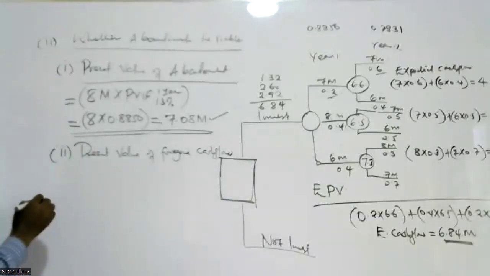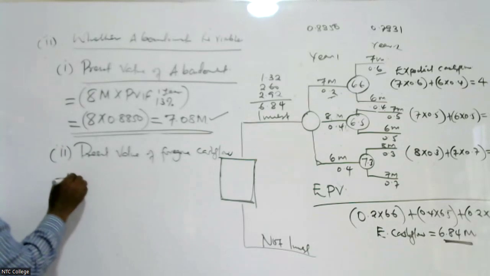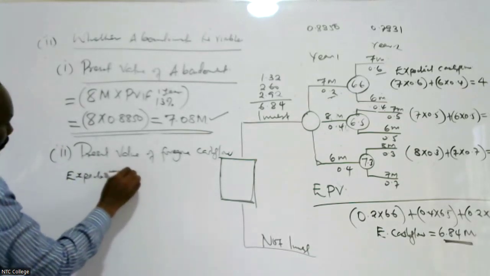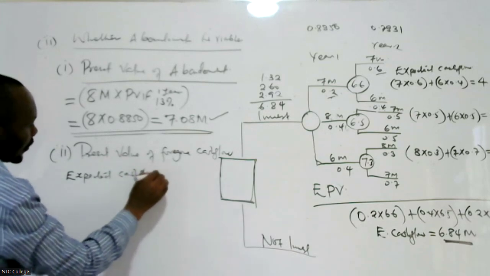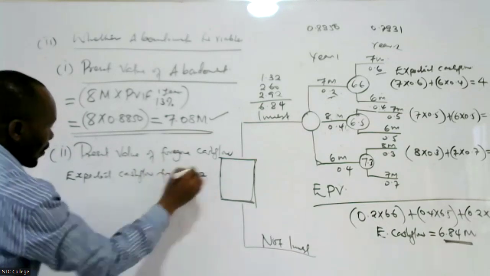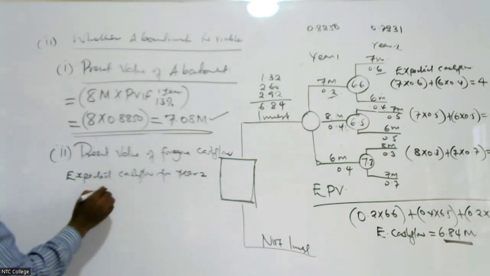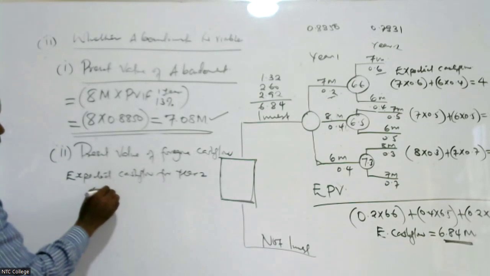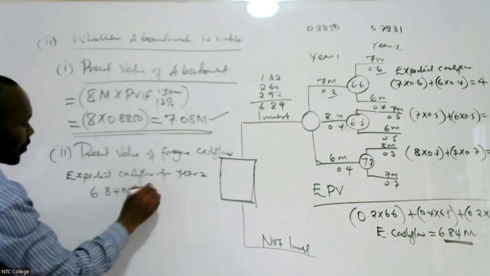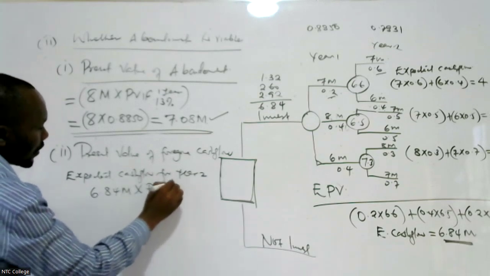It is now the expected cash flow for year 2, which is 68.4 million times now the discounting factor, which is now year 4.